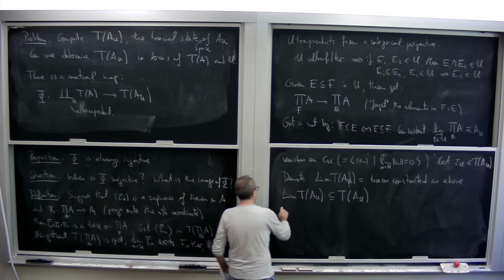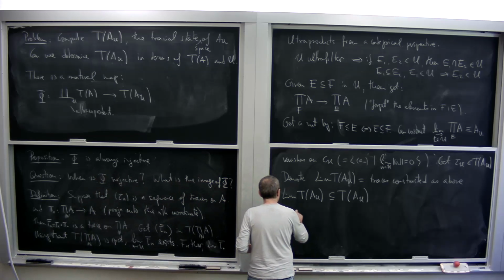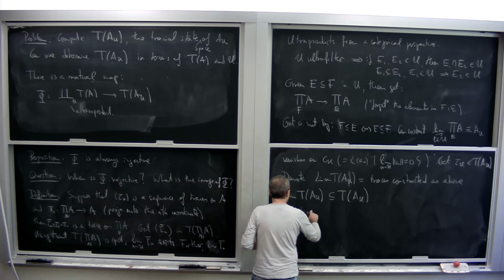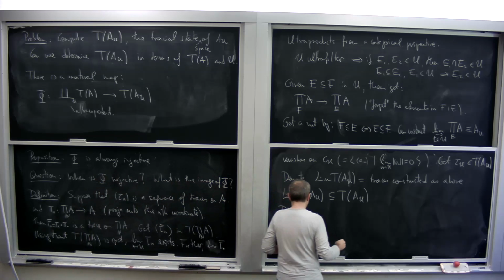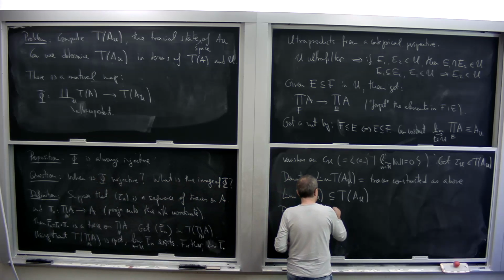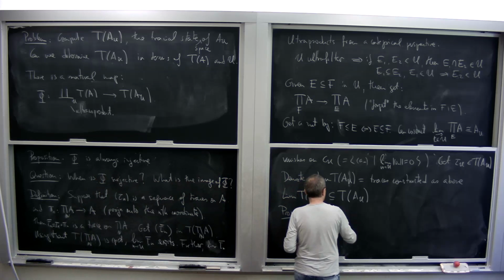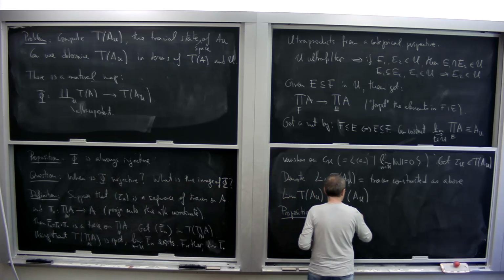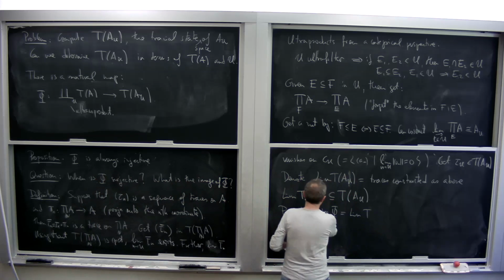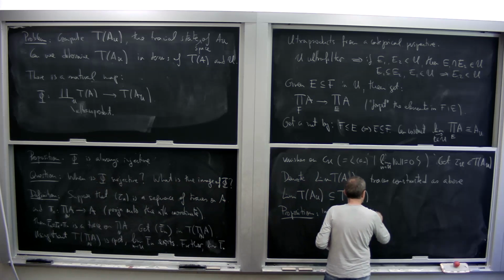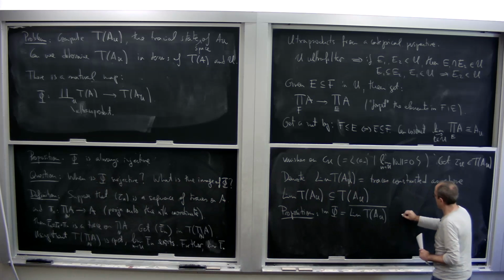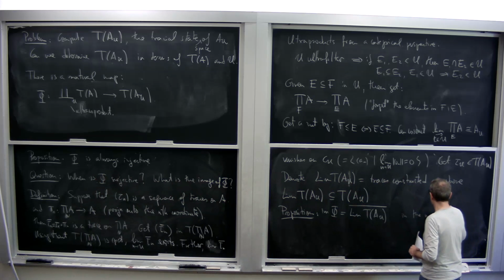So in particular, the proof of the following proposition is that the image of the map is precisely the closure of this set in the Weak-Star topology.